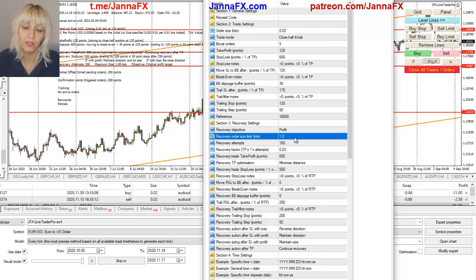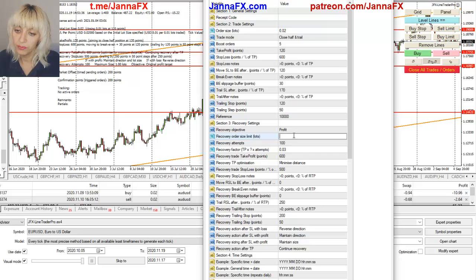It will terminate the sequence, and that's it. You will end up with a loss. So that's one you can change wherever. If you want, let's say, to go no bigger than 0.10, it would also only end up with a loss. But that's how you regulate the money management.